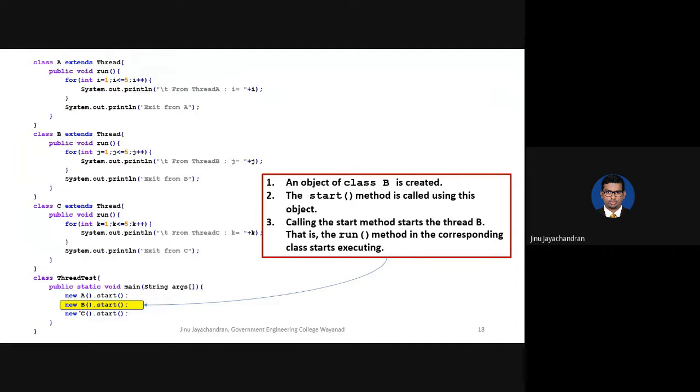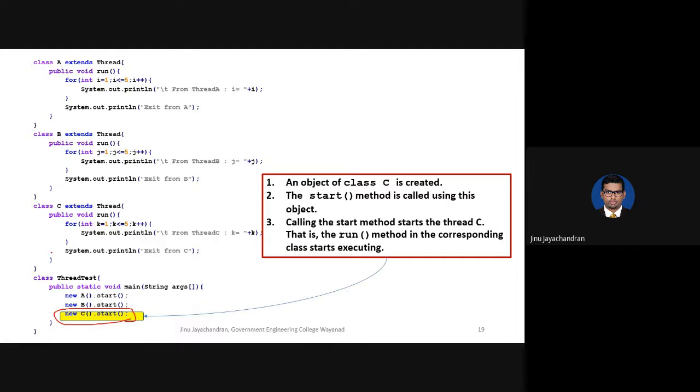When you say new B start, you are creating an object of B and starting the thread. Whatever you have implemented inside the run method of class B will run as a thread. Next, you see new C and start.